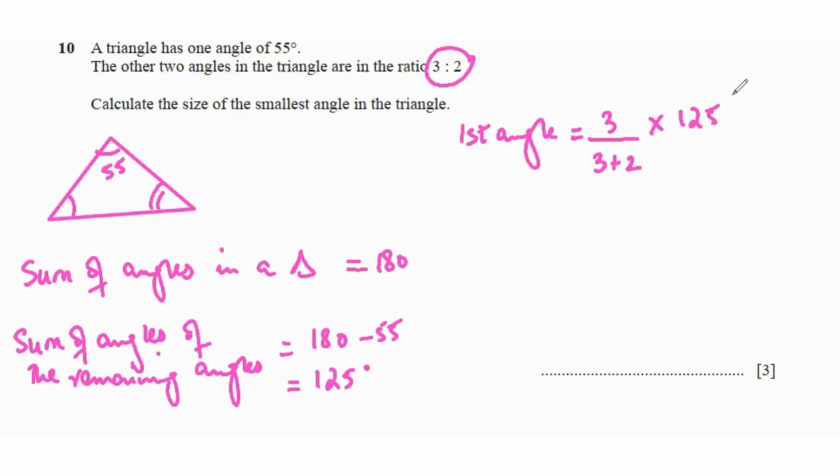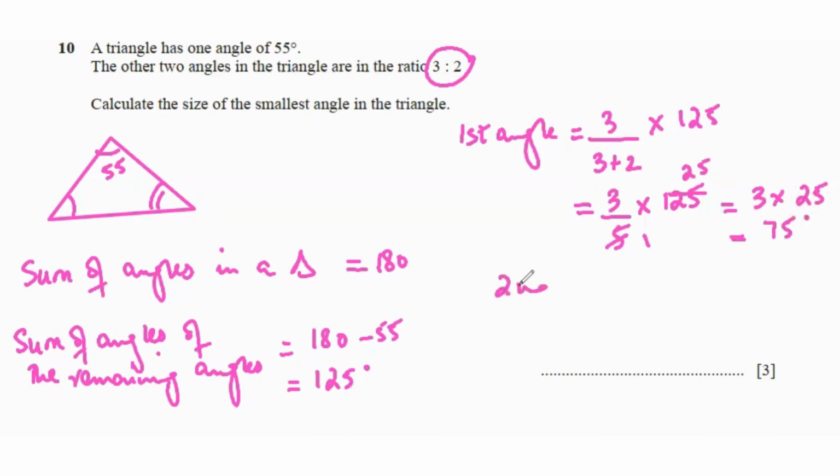Since we're excluding the 55 from the sum, that changes the sum to 125 in this case. Hence, we do 3 over the sum of the values in the ratio, 3 plus 2, times the total sum of angles for these two angles, which is 125. So that's 3 over 5 times 125. 5 times 25 is 125, and 3 times 25 gives us 75.